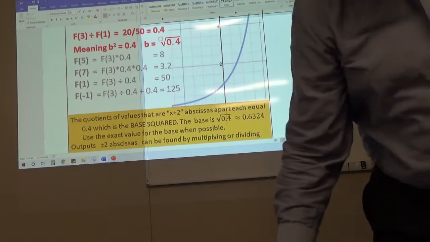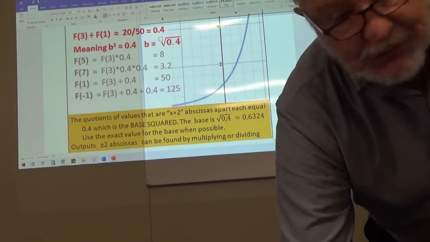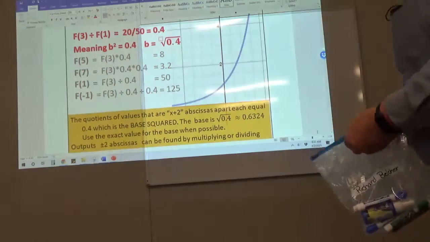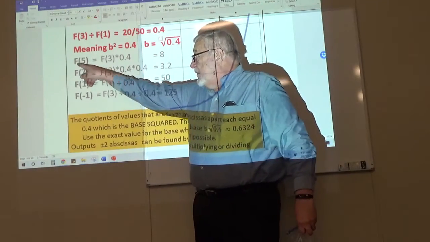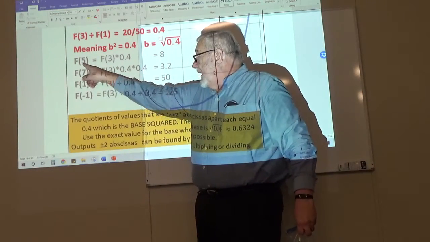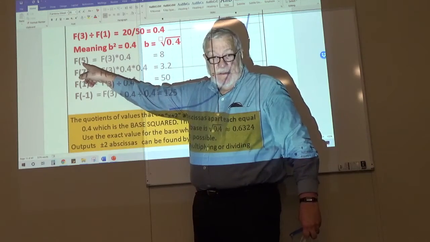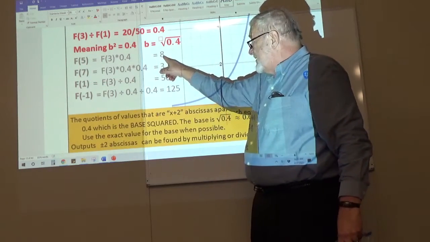the slides that I had up last week, and one of the things we had was that we were given the function when x was 5, and that function was given as 8.